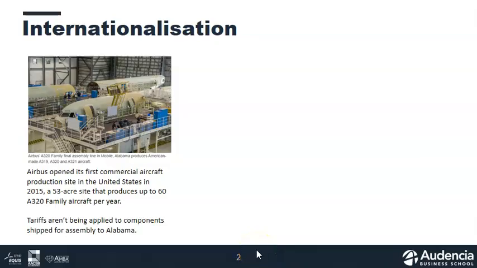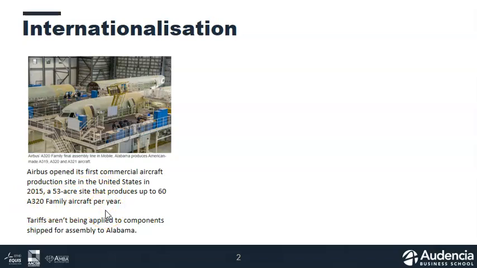So internationalization obviously is being done by a lot of corporations today. The strategies that corporations are choosing to internationalize, however, can vary from one organization to the next. Some very impressive examples of internationalization would be, for example, Airbus opening its first commercial aircraft production site in the United States in 2015.